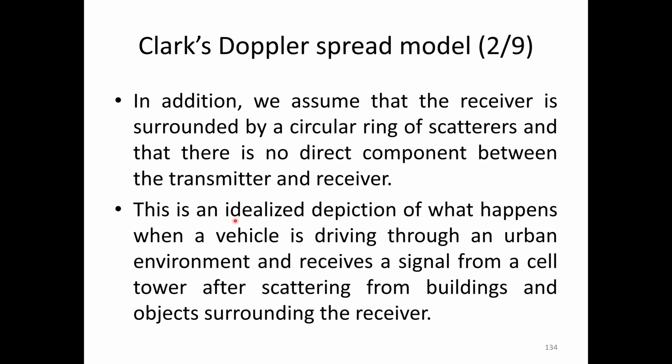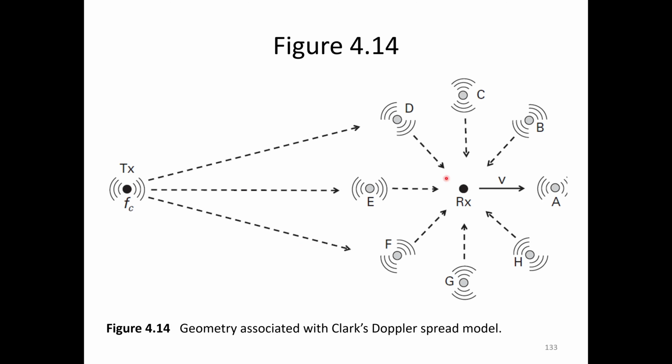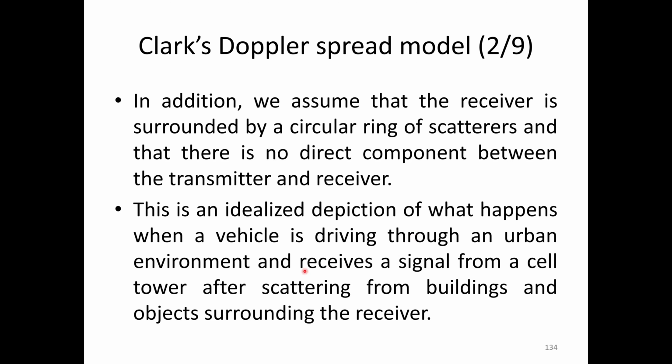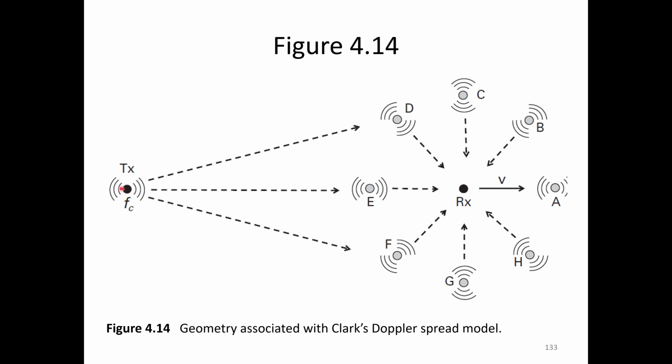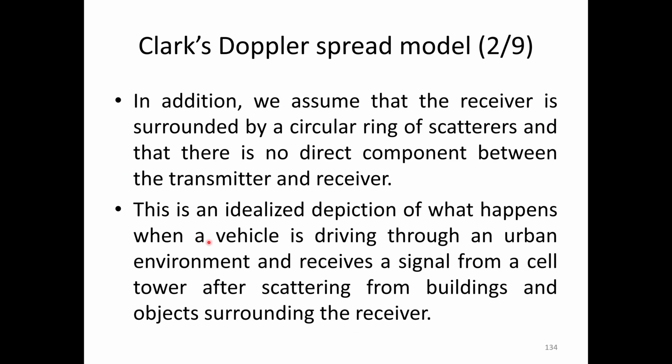Okay, this is an idealized depiction of what happens when a vehicle is driving through an urban environment. Okay, so here the receiver is the vehicle and receives a signal from a cell tower. Okay, so the transmitter is the cell tower or the base station.